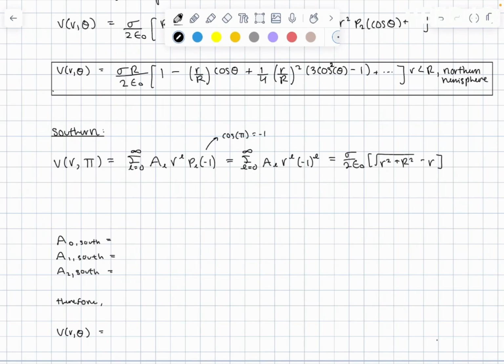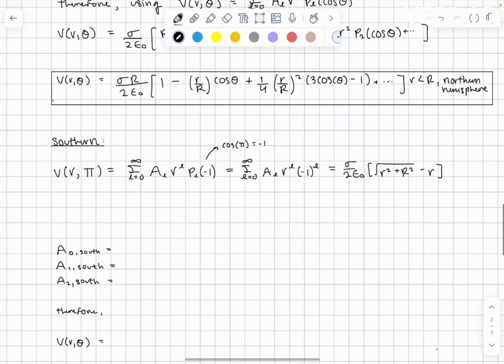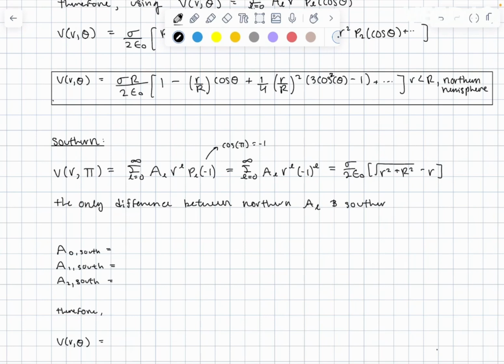And so now just comparing this to what we just solved, the only difference is that we have this -1, right? And so the only difference, I'll write that here, the only difference between our northern AL coefficient and our southern is the sign.